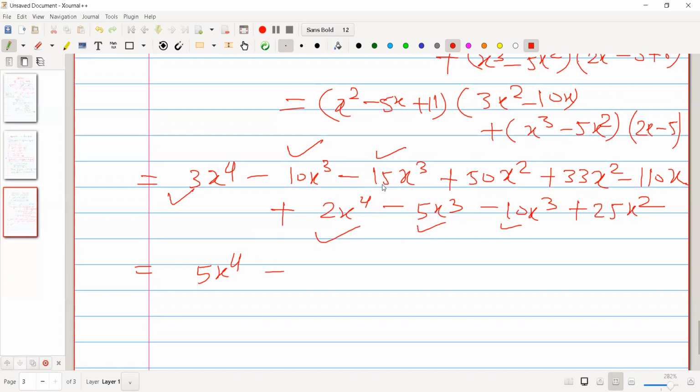So 10, 15, 25, 30, 40. Then 50x square plus 33x square: 50, 33, 83, and 25.